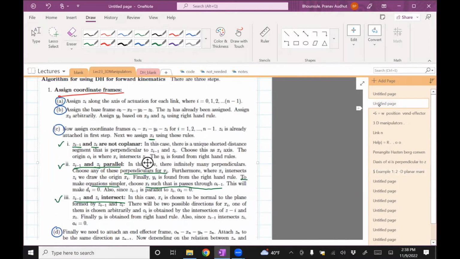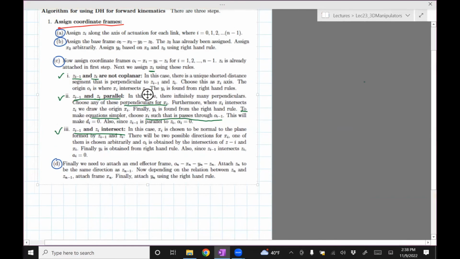Last step is we need to attach the end-effector frame. That's the last thing. In this case, n equals 2. Attach zn to be the same direction as zn minus 1. Depending on the relation between zn and zn minus 1, attach frame extends. Let's just break it down. Let's attach zn to be the same direction as zn minus 1.